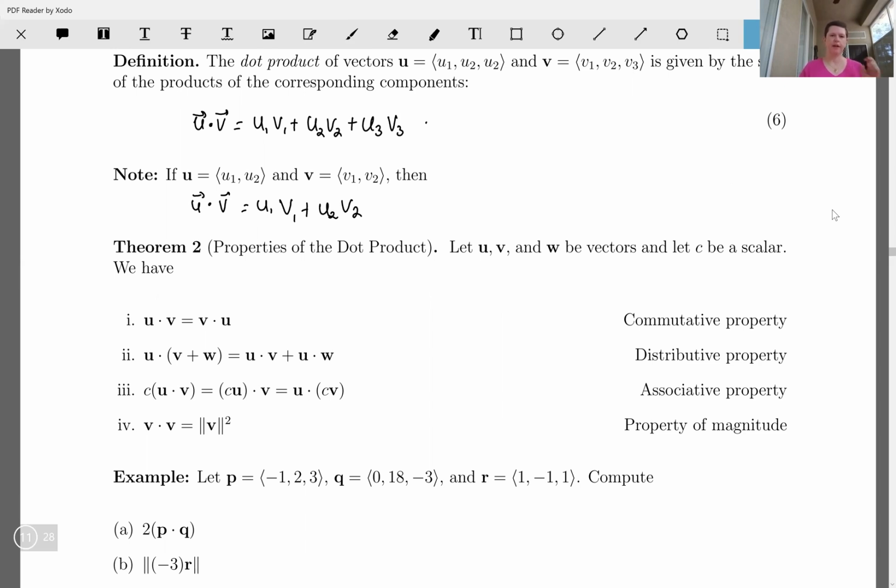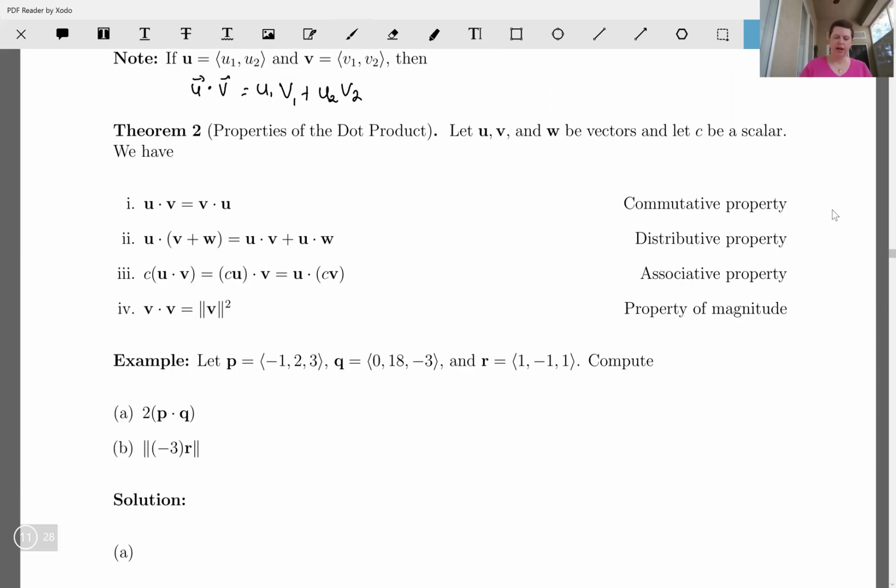And if I have a constant times the dot product of u and v, I can multiply either vector by the constant first and then take the dot product. And finally, the magnitude property, which is not necessarily very intuitive on its face, is that the dot product of a vector with itself is the magnitude squared.